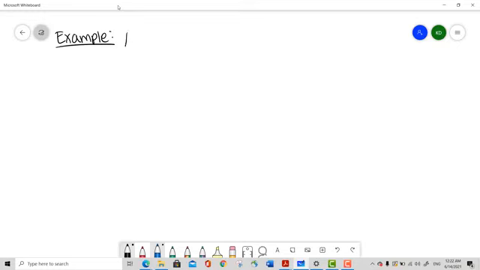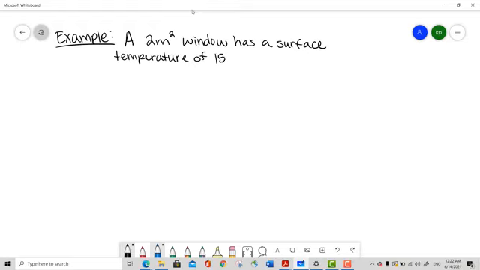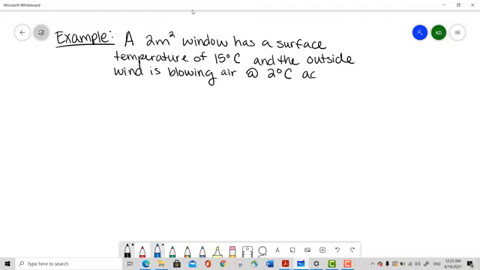So the example: a 2-meter squared window has a surface temperature of 15 degrees Celsius, and the outside wind is blowing air at 2 degrees Celsius across it with a convection.